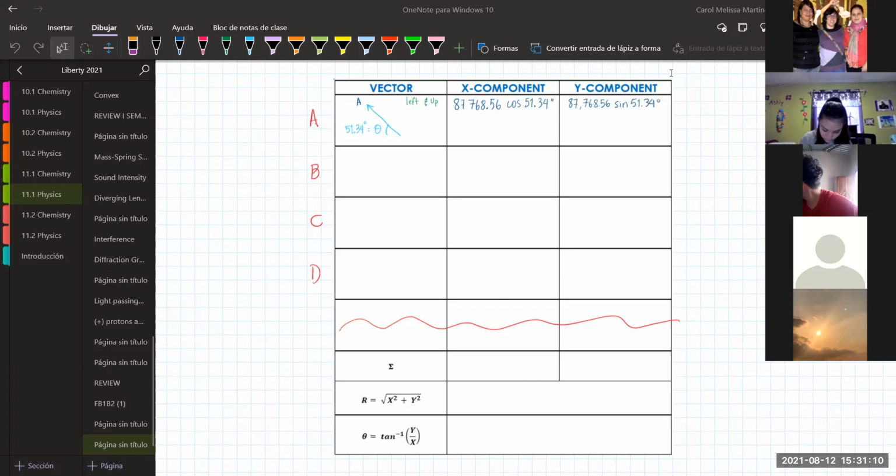I get the component in x, but also in y. Remember, it goes to the left, so it's going to be negative in x, but it goes up, so it's going to be positive in y.